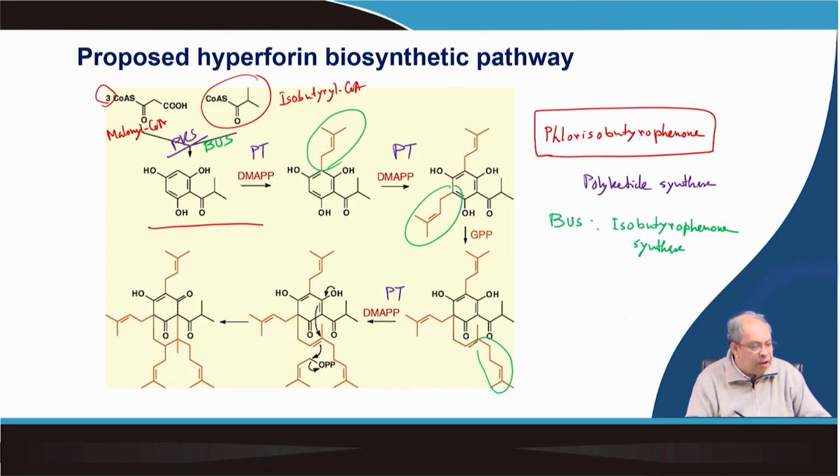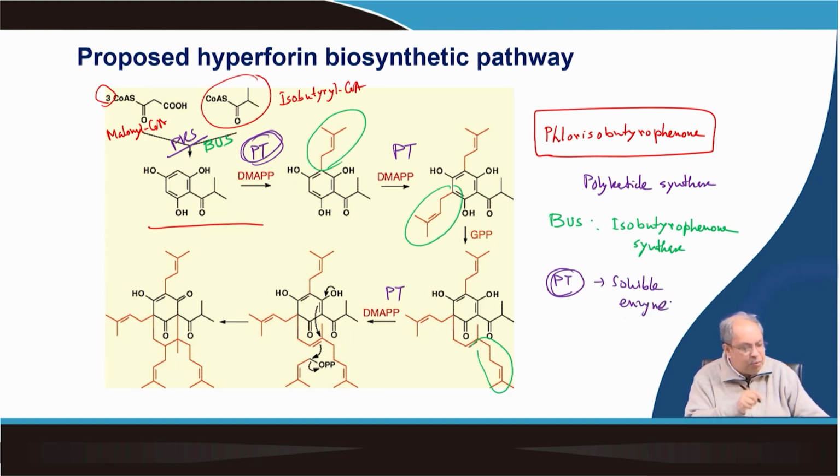The first prenylation step is catalyzed by a soluble dimethylallyl transferase. So, here this appears to be a soluble enzyme. Normally, prenyl transferases are membrane-bound enzymes, but the first one was found to be a soluble enzyme.